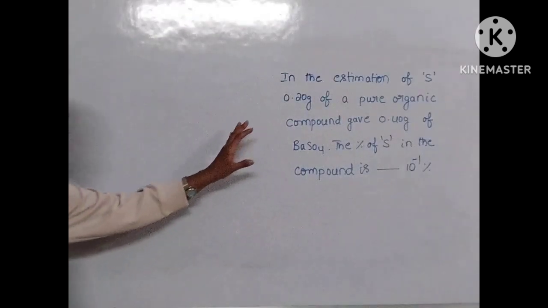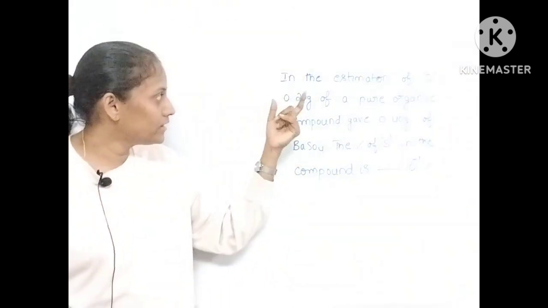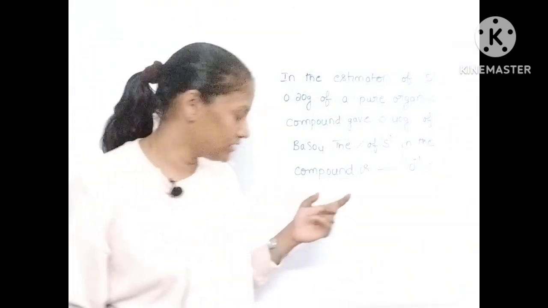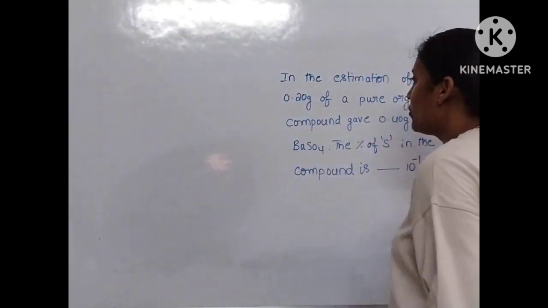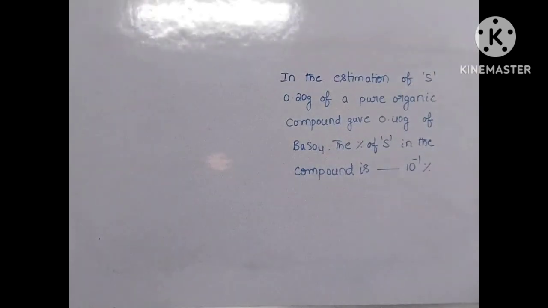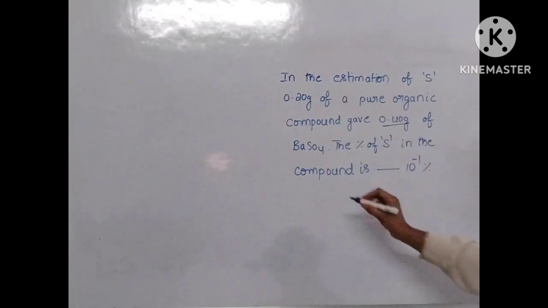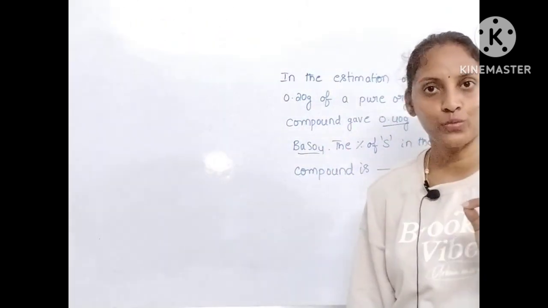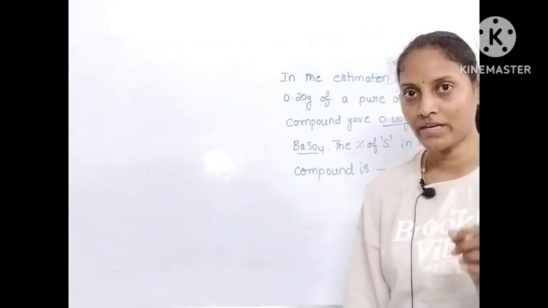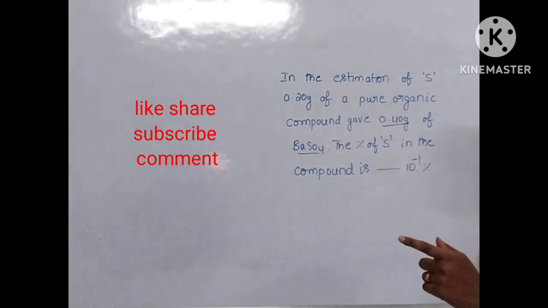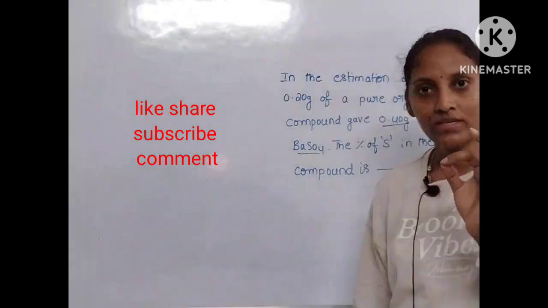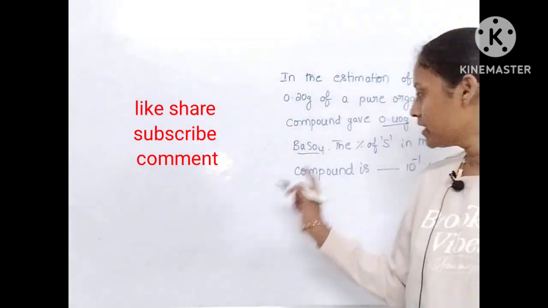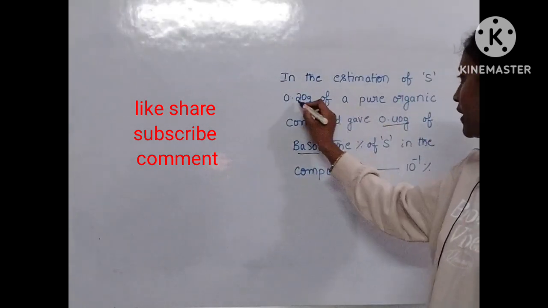This is also one of the most important questions, on the estimation of sulfur. 0.20 grams of pure organic compound gave 0.40 grams of BaSO4. So the organic compound weight is 0.20 grams and the BaSO4 weight is 0.40 grams.